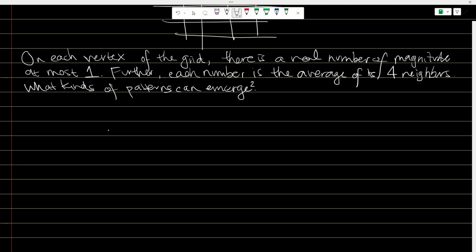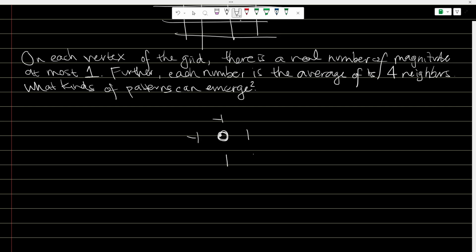Let's say my number at the center here, I have a 0. And then let's say I have a 1 here, and a 2 here, and a -1 here. Then this has to be a -2. I can keep trying to propagate this out. Actually, let's do a 1 and a -1 because it'll make it clearer. So this can be a -1, and this can be a 1. Okay, so you think, well, that's fine. Well, from here, I know the average has to be, there's a 2 coming from here.